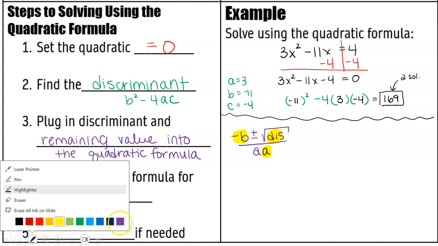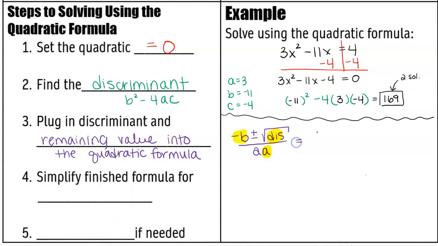Using the same numbers that we have up above, I know that my B value is negative 11, so the opposite of B will be a positive 11, plus or minus the square root of my discriminant, which is 169, all divided by 2 times my A value, which is 3. From here, we can split this up into 2 separate mini problems.